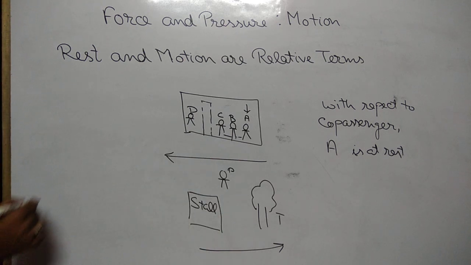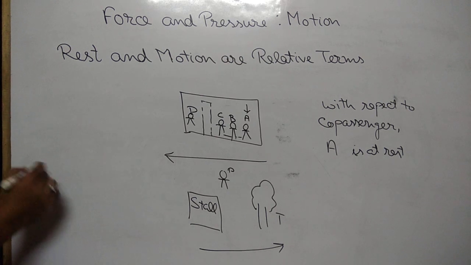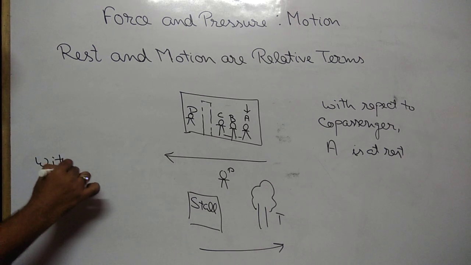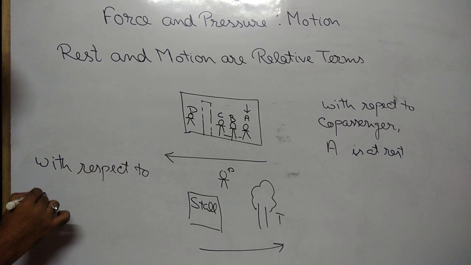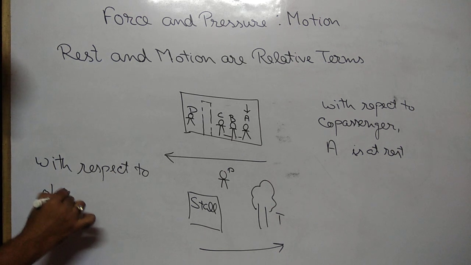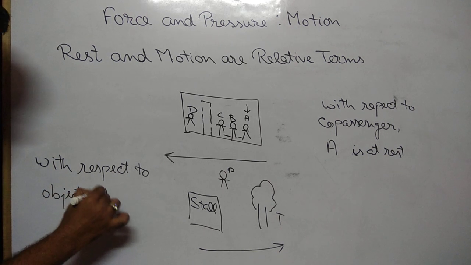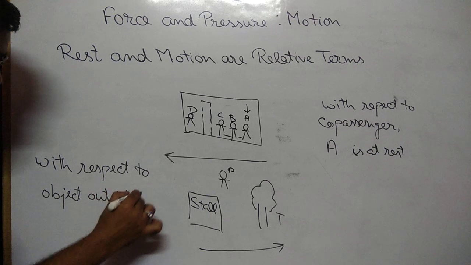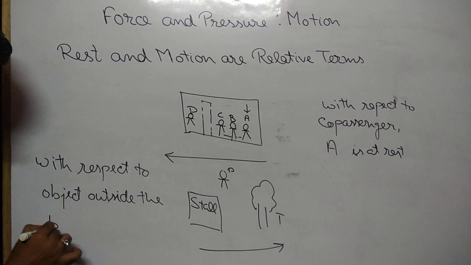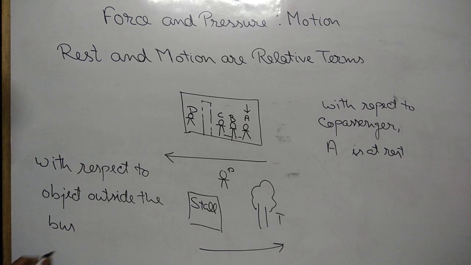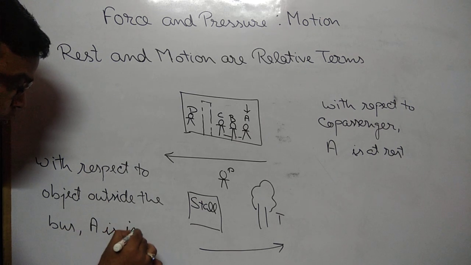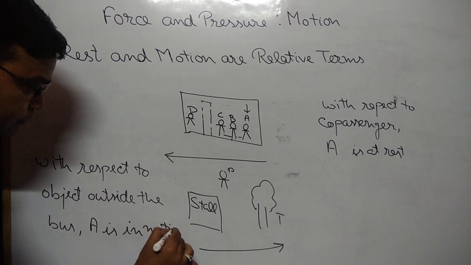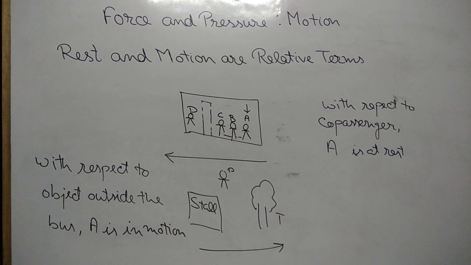So with respect to objects outside the bus, A is in motion. Why? Because the distance changes. Clear?